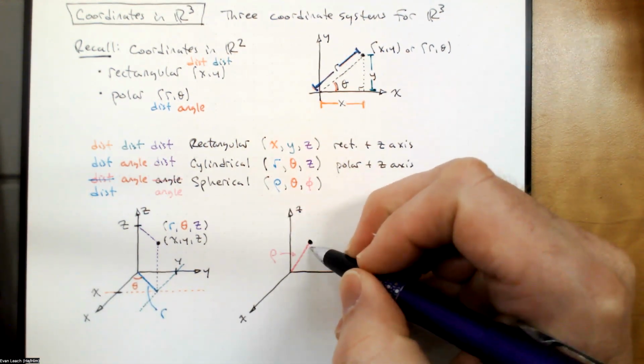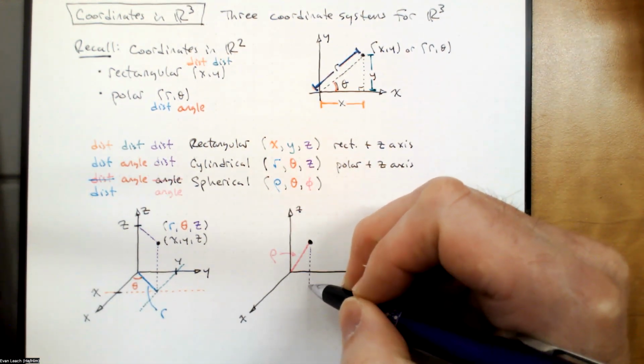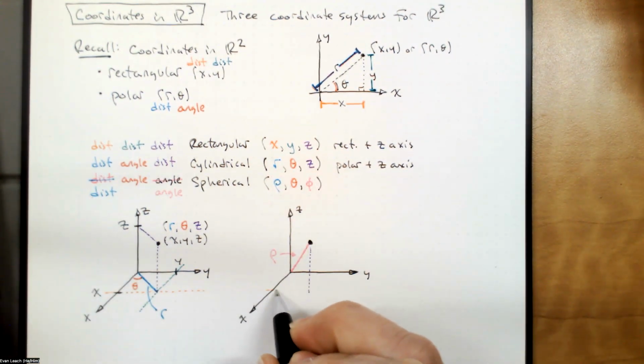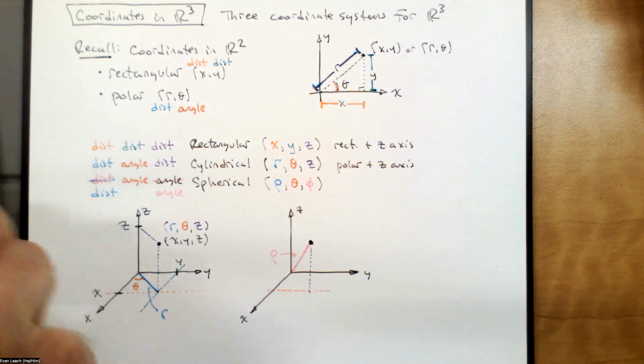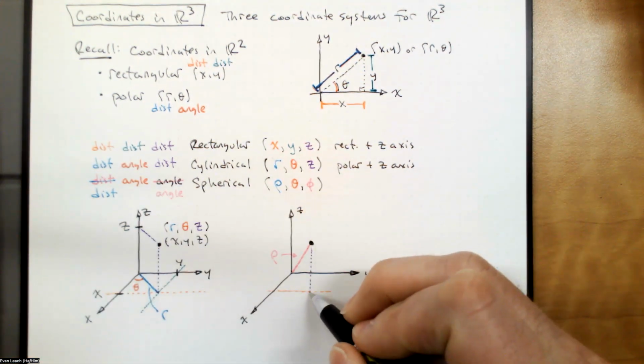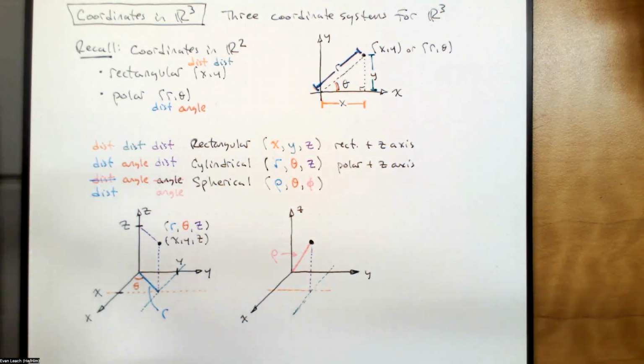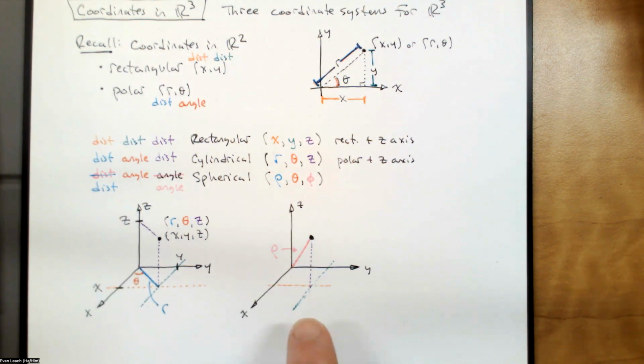So I don't have this Z. R is a distance down on the floor out to this point.